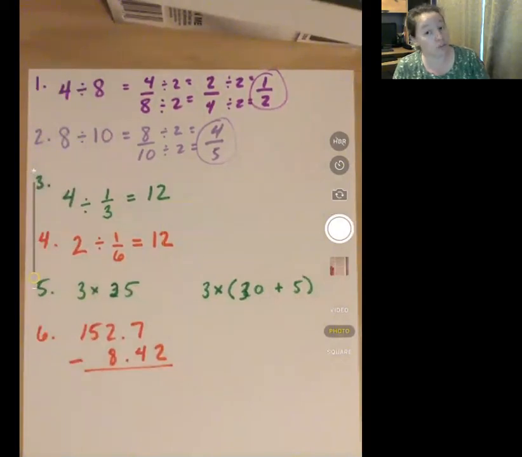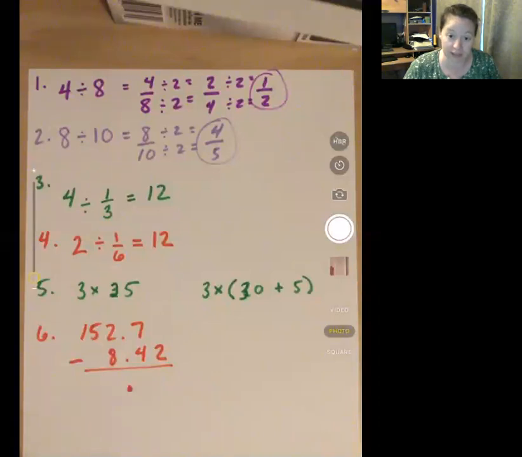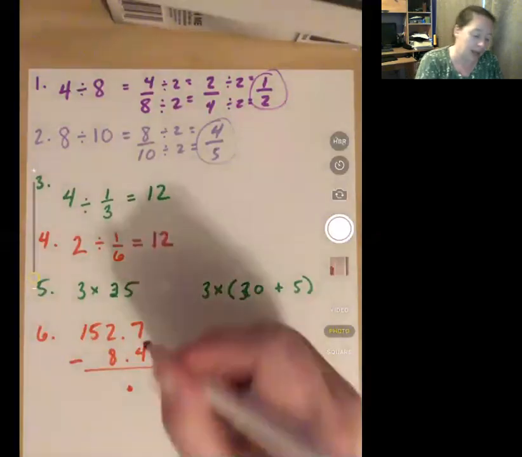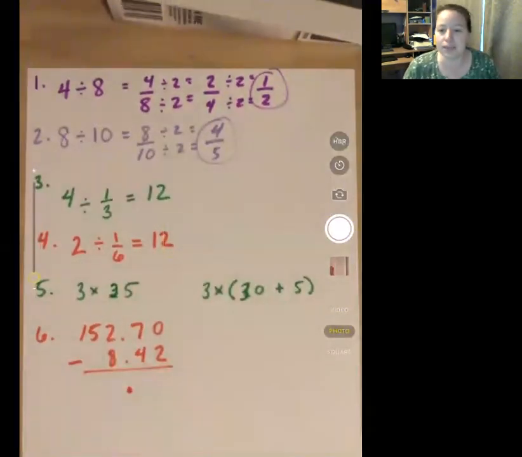Remember, when you are subtracting with decimals, you always line up by the decimal. Decimal, decimal, decimal. I do not care that I don't have the same number of numbers on both sides. That's perfectly fine. I'm going to put in a 0 here as a placeholder, also because I need it there so that I can mess around with it. I can't take 2 from 0. So I gotta go borrowing.